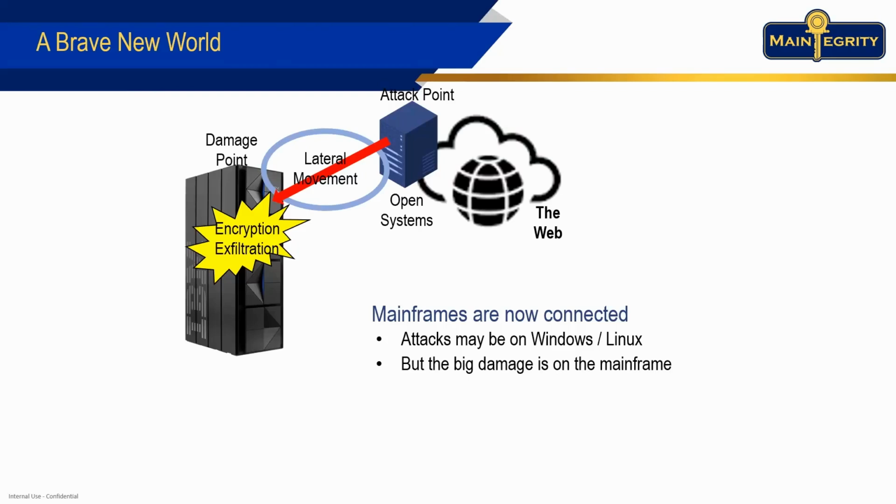So when they get into the mainframe, what are the typical attacks that they use? Well, everybody's heard of ransomware, and everybody knows about encryption. Encryption is really nice if I'm a hacker, and I'm in the business of being a hacker, because it's easily reversible.